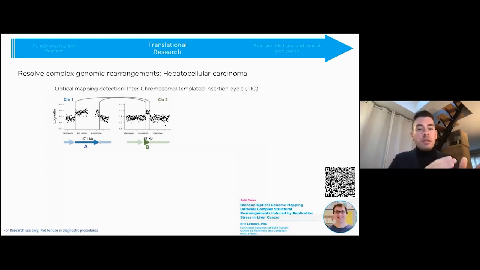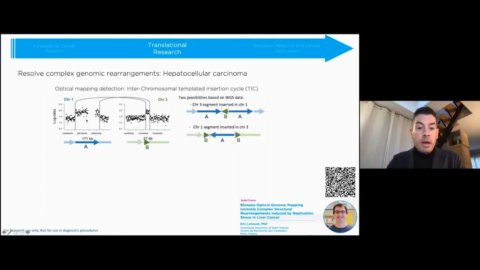And this causes a complete deregulation of the cell cycle and replication stress. But resolving TIC from NGS data alone isn't possible because the reads are too short. All you can do is make hypotheses with 2 different models here, whether it is a chromosome 3 segment inserted into a chromosome 1, or a chromosome 1 segment inserted into a chromosome 3.